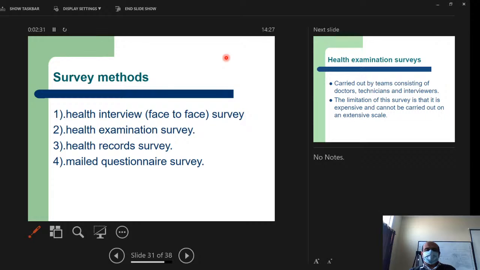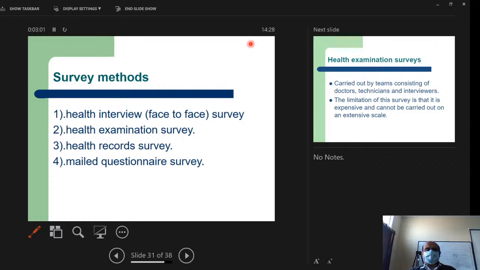Now, in terms of survey methods: the health interview survey, health examination survey, health record survey, and mailed questionnaire survey. When you do a survey with the interview method, you make the questionnaire, you ask the question, and the other person answers it.